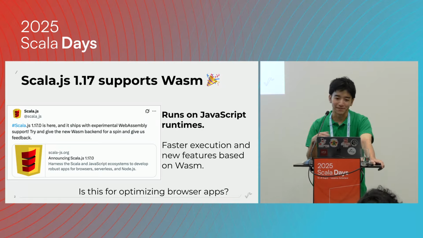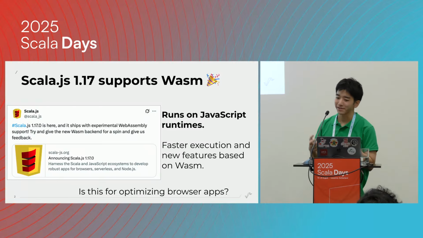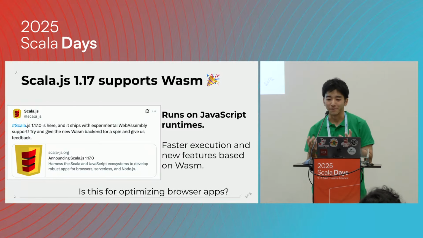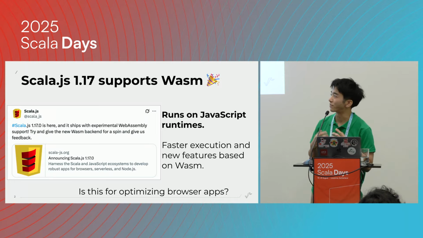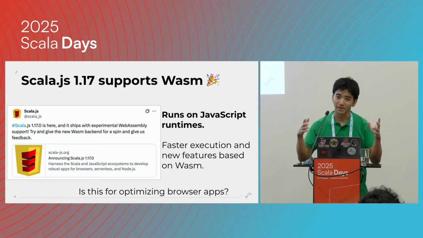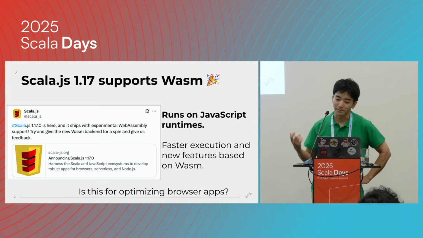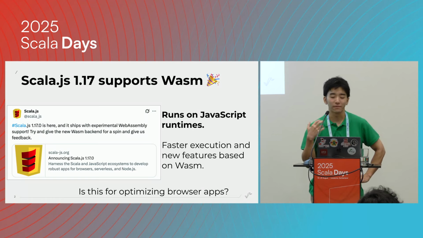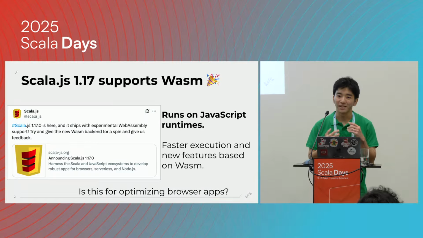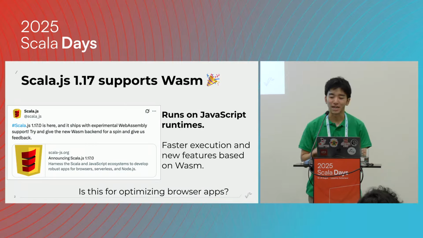You can generate the WebAssembly binary instead of JavaScript, and the generated Wasm binary can run on major JS runtimes like Chrome, Firefox, Node.js and Deno. And by compiling to WebAssembly, we can run the program faster than JavaScript in some cases, and we can implement some new features based on WebAssembly, which we couldn't implement on JS only.